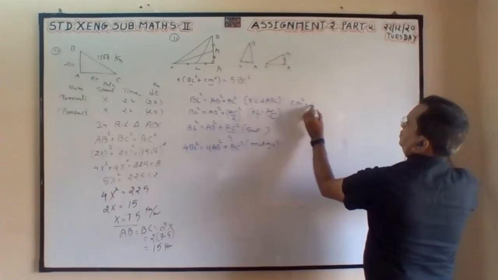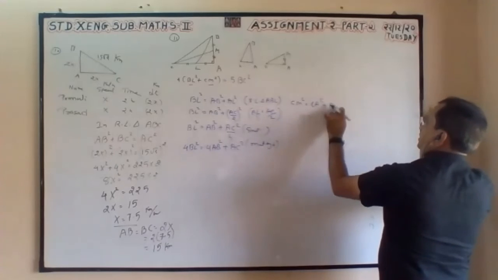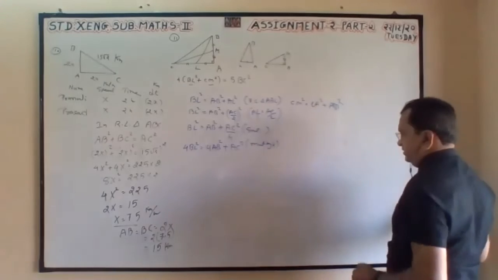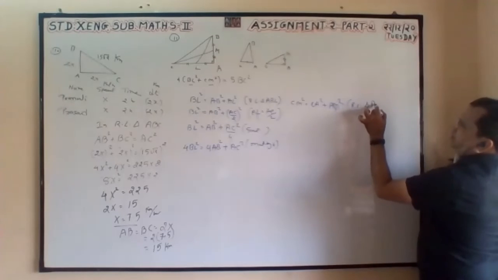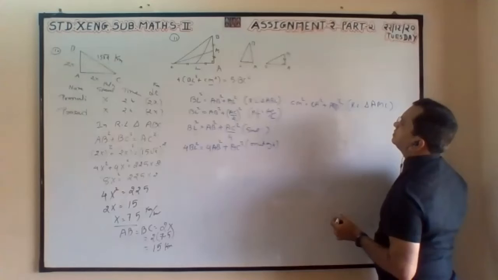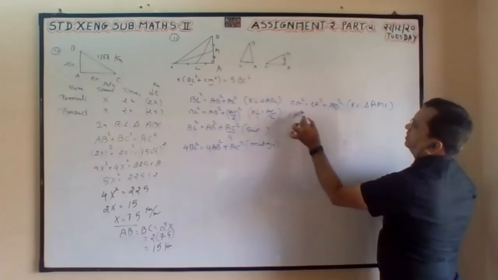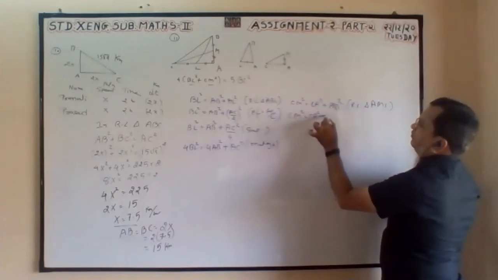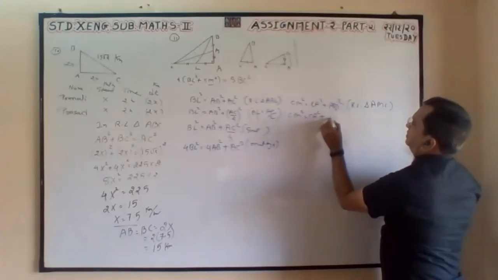CM square is equal to CA square plus AM square, in right angle triangle AMC. So CM square, CA square is full. MA is equal to half of AB.